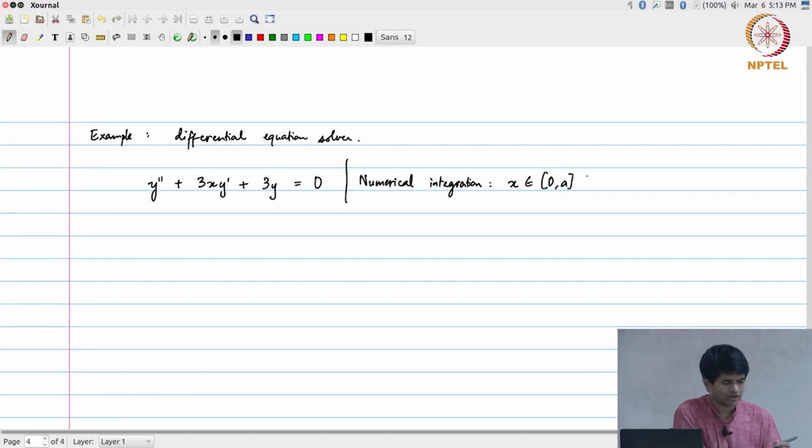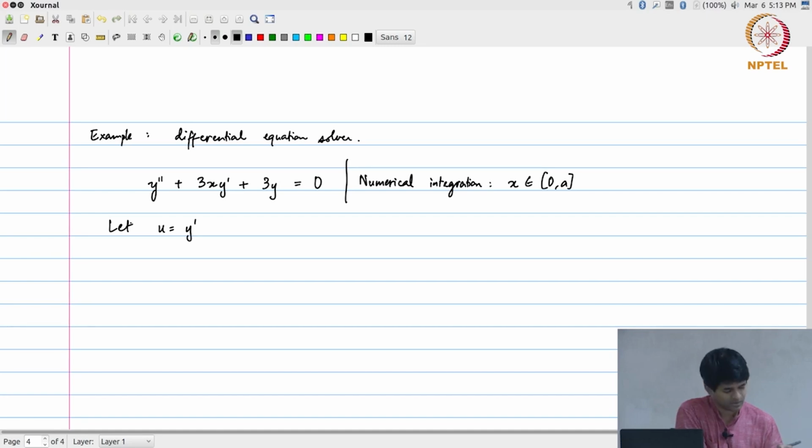In order to solve this, one way of rewriting this expression is to bring in a new variable which I will call u, equal to y prime, the first derivative. These derivatives are with respect to x, so y prime is basically dy by dx.